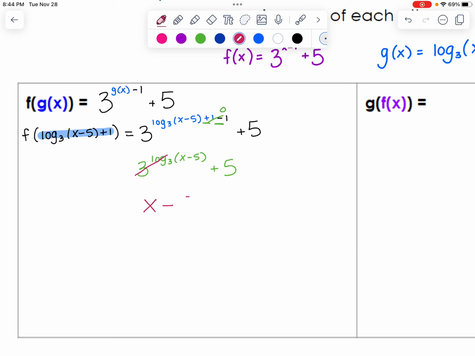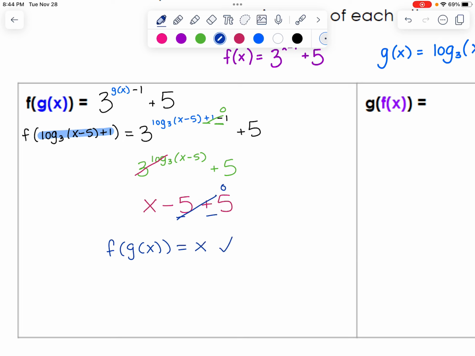So it becomes x minus 5 plus 5. Well, minus 5 plus 5 would equal 0. So we are left with f of g of x equals x. And that's good. That's what we want to happen.